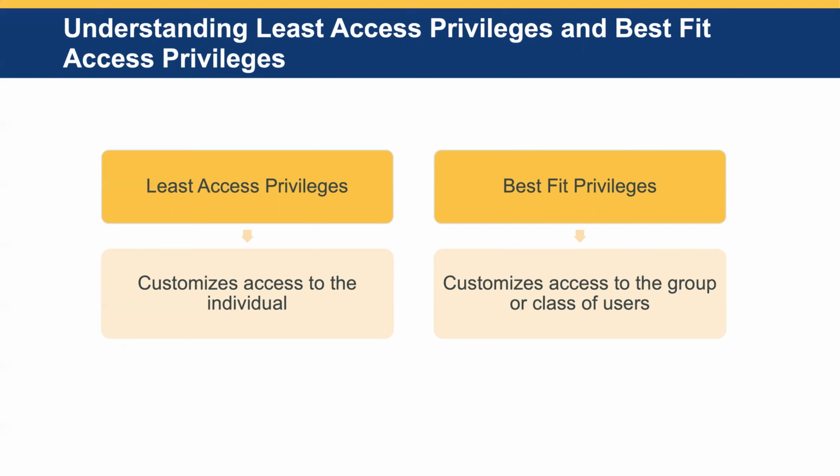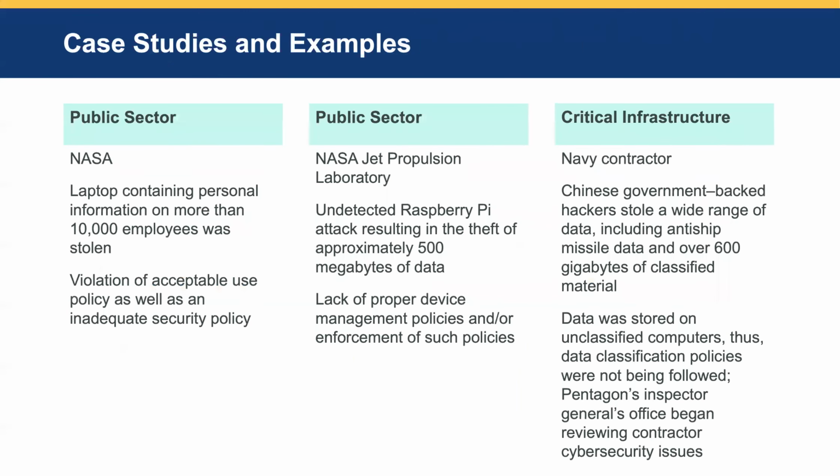There have been various case studies done as well to explore various ways to apply these policies in an appropriate manner. These cases can vary. One case involved NASA, in which a government laptop that contained personal information of more than 10,000 employees was stolen.